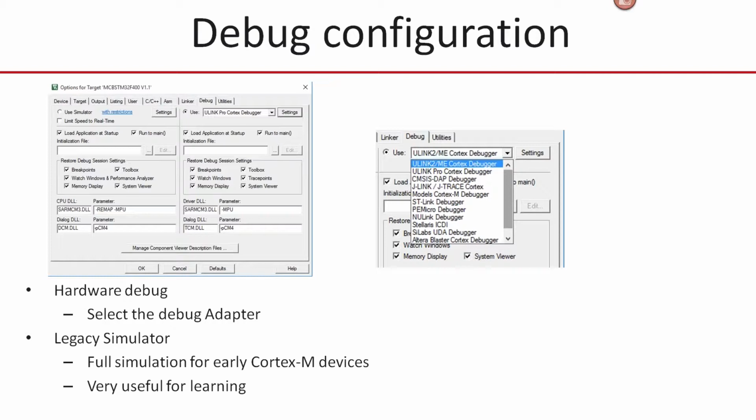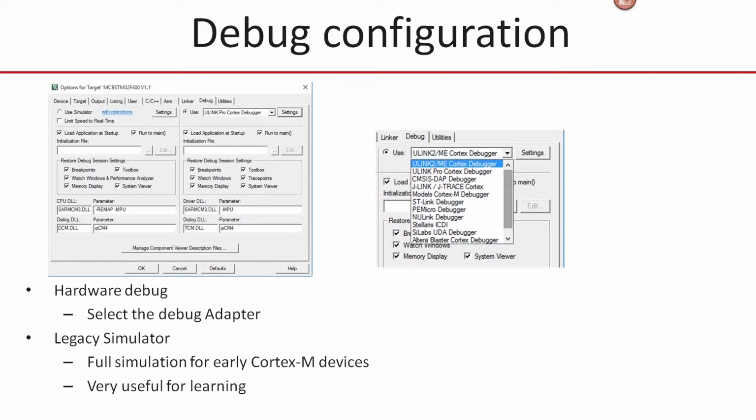Within the Keil tools, on the left-hand side of the debug menu, there's also a simulator option. This is a legacy simulator. This supports simulation of all of the Cortex-M processor cores, but it also has some legacy support for early Cortex microcontrollers. So this would simulate the peripherals and the interrupt structure of those devices.